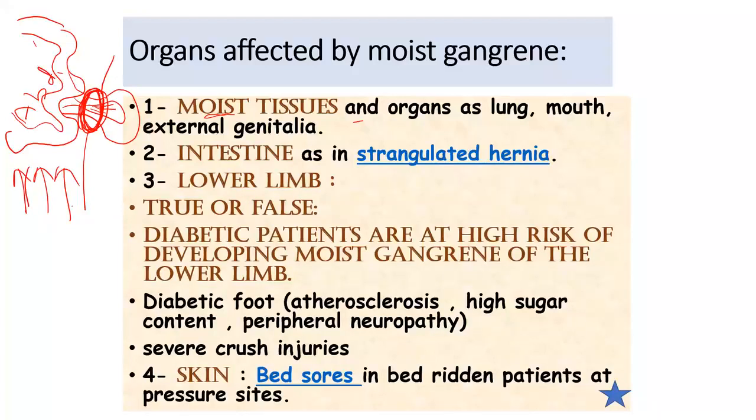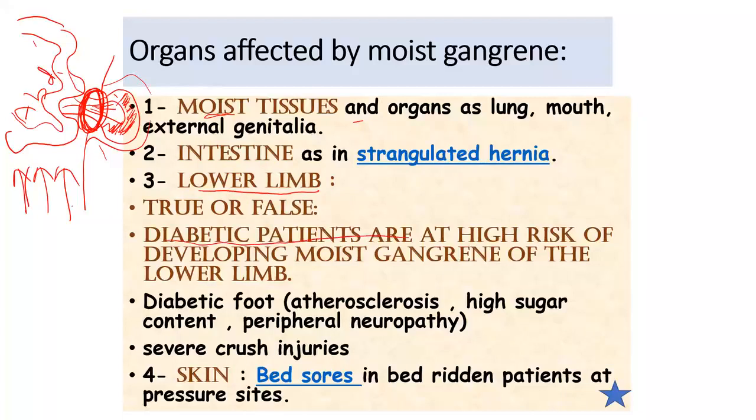Intestine becomes swollen inside the sac, and this will be followed by arterial obstruction, necrosis, and with this necrosis I have a lot of microorganisms inside the lumen of the intestine, leading to gangrene. So I'm going to develop wet moist gangrene in case of what?